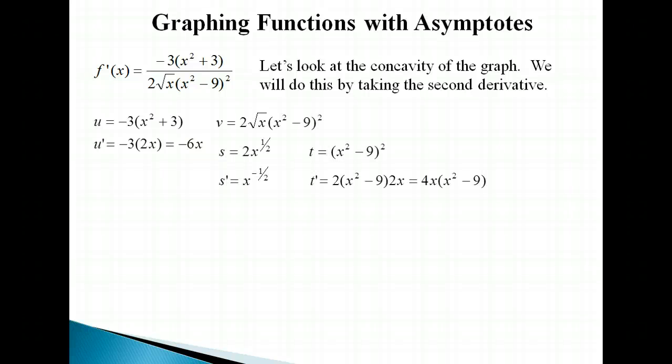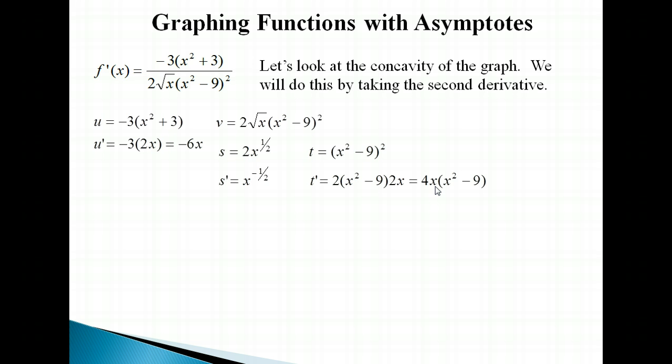For the denominator, it's not quite so easy. It's actually a product, so we're going to use our product rule on it. I'm going to call it a product of 2 times the square root of x times (x squared minus 9) all squared. So I took the derivative of the s and the t, and I simplified it.